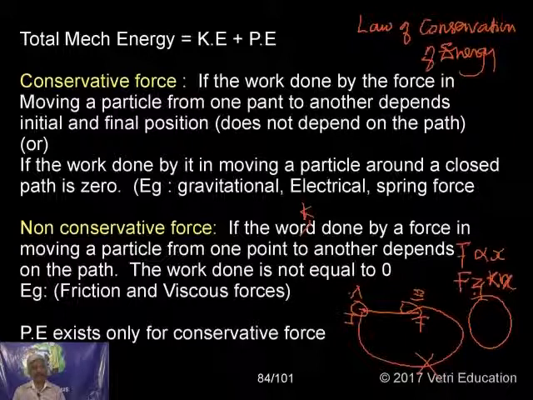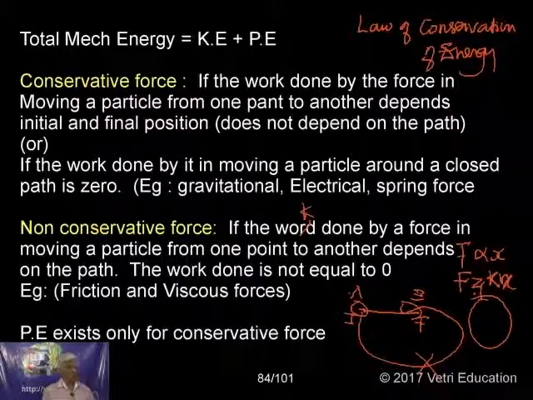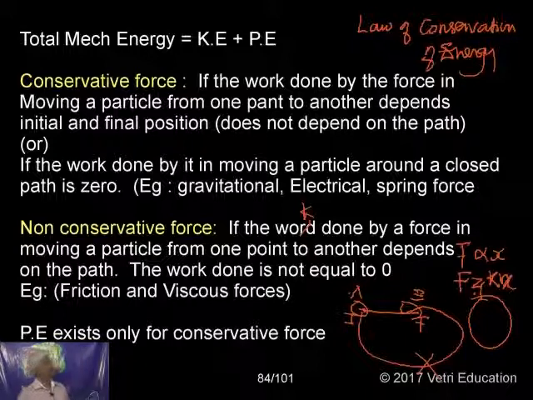The work done by a non-conservative force may not be equal to 0. Examples: frictional force and viscous force. Potential energy exists only for conservative force. For conservative force we have potential energy; here it is not possible. So these are the things we have to understand as far as energy is concerned.